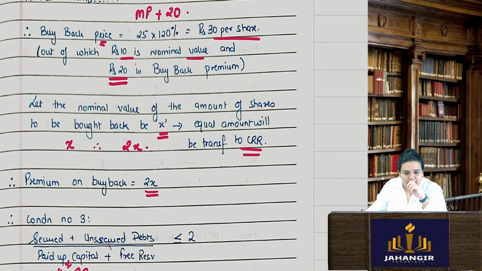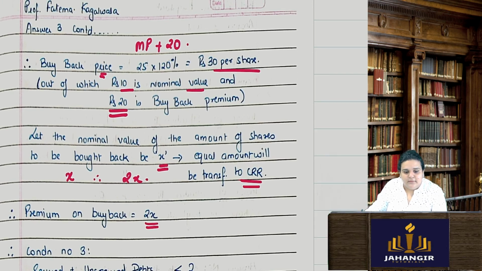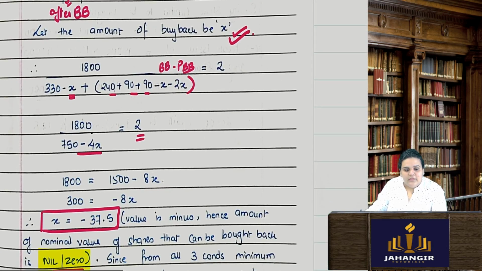Therefore, my premium on buyback will be 2x. I already found out the premium amount and the nominal value. Okay, now when I put it in my equation, it will be 1200 upon 750 minus 4x, which will be equal to 2.